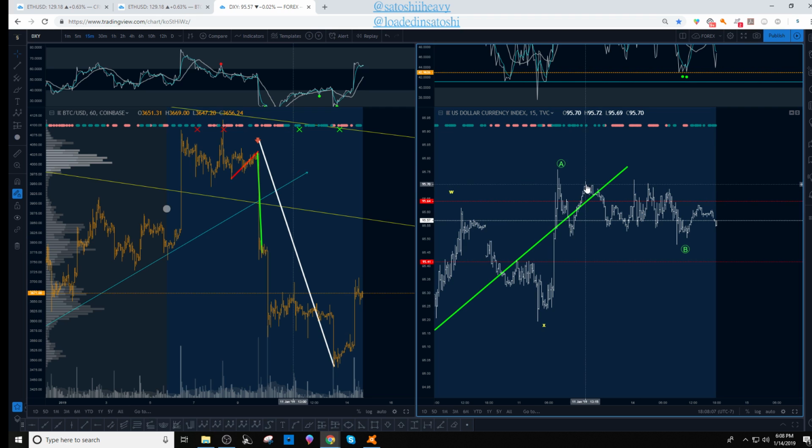The high here is 95.72. So that's one move possibly. This could be 1, 2, 3, 4, 5. So one, obviously correction, A, B, C, and this is all A.